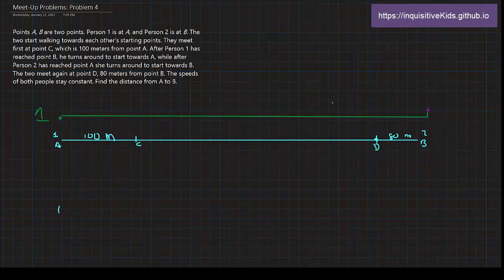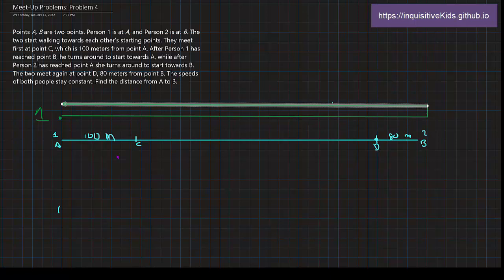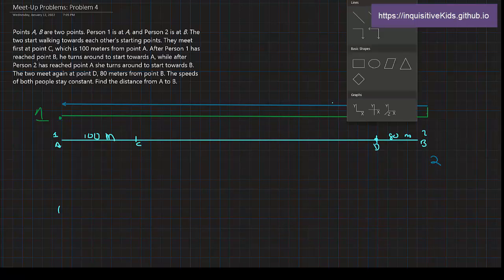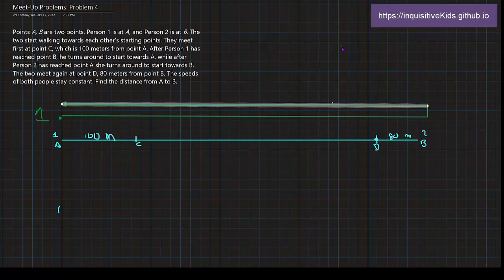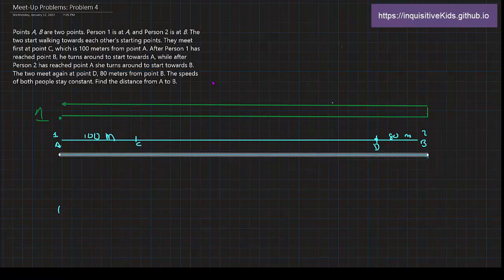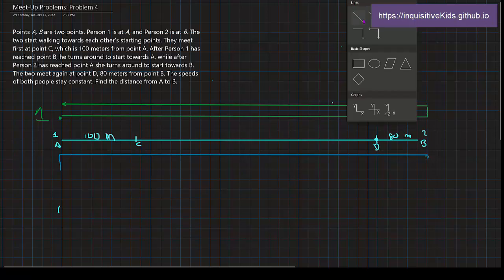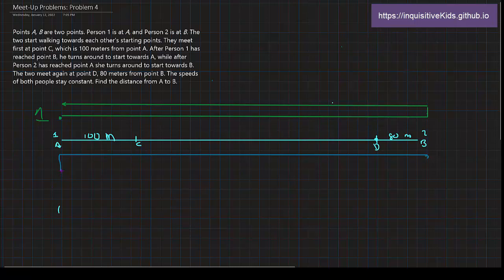And then he turns around and comes back here. And the same is for person number 2. So she starts like this, turns around, and goes back to her starting point.